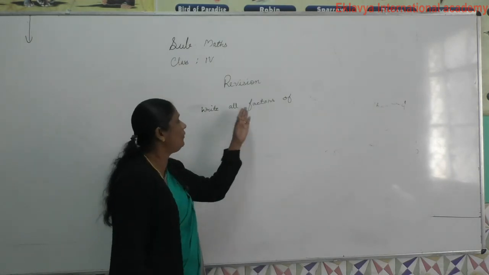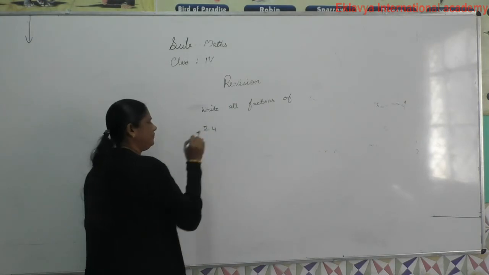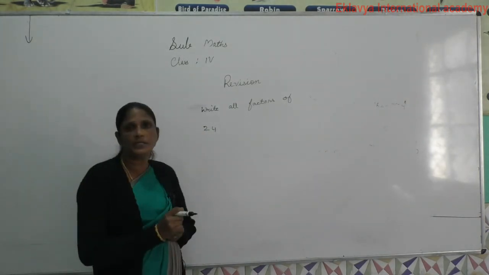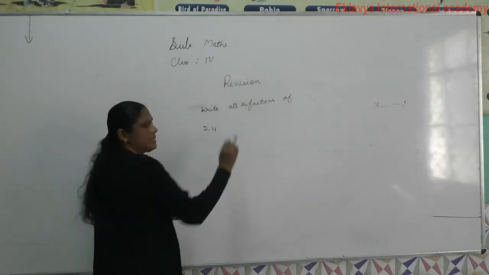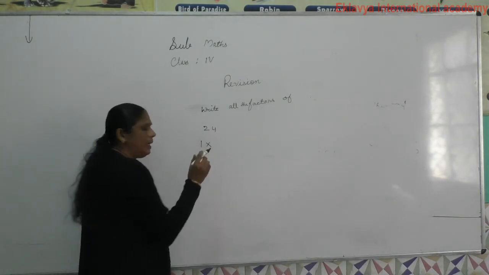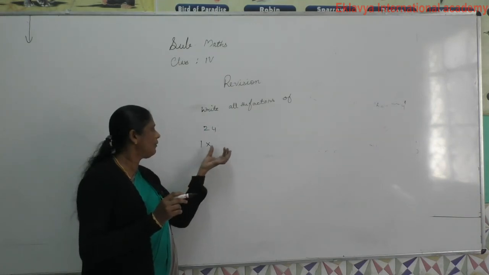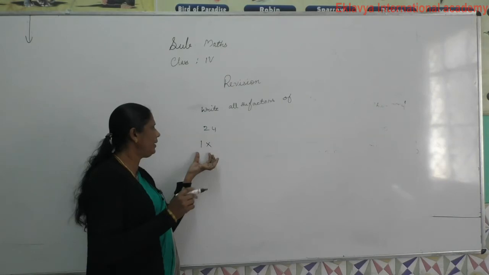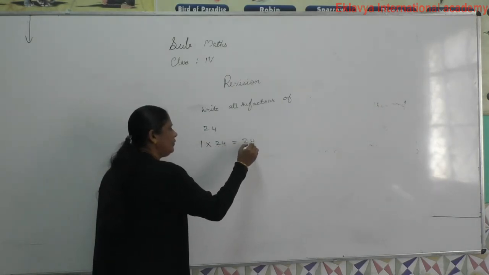Write all the factors of 24. First you write 1. A factor of 1 is the factor of every number. 1 into 24 is equal to 24.